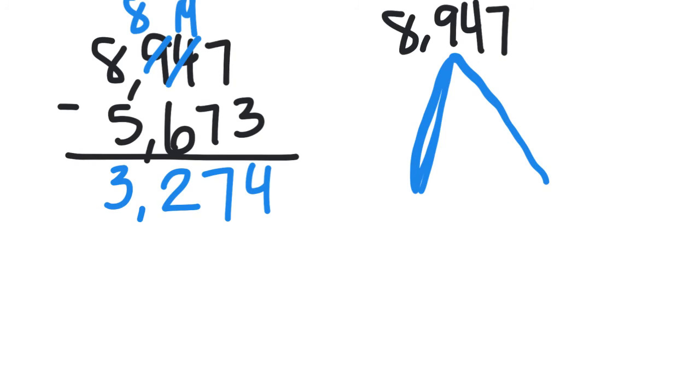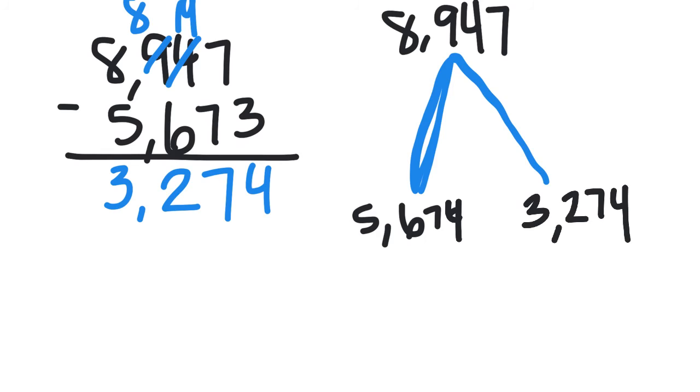Then my other two numbers will go on the bottom of my mountain. 5,673 and my other number, which is 3,274. Oh, I made a mistake. This should be a 3. Whoops.